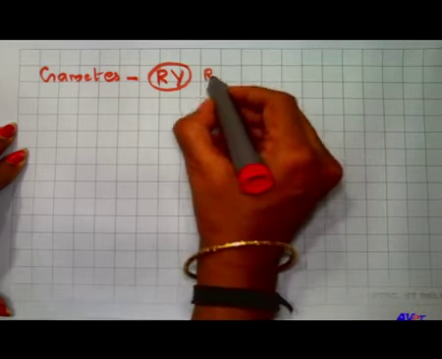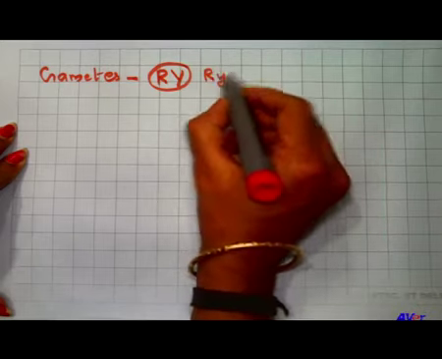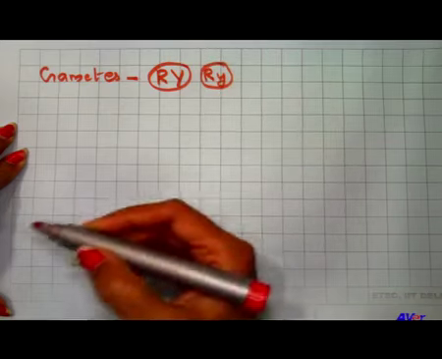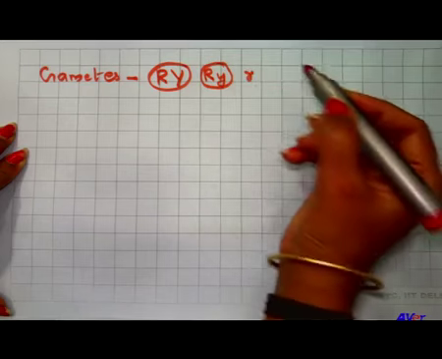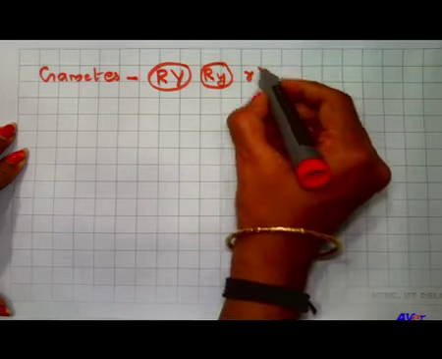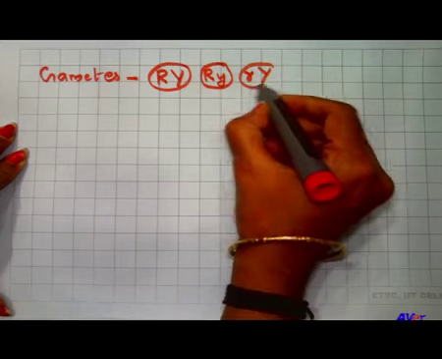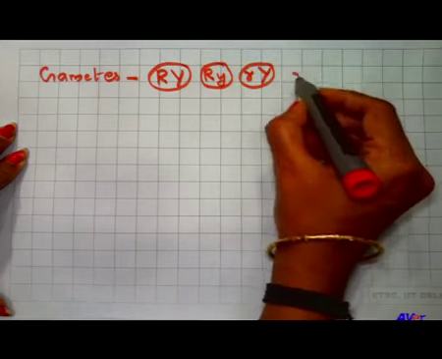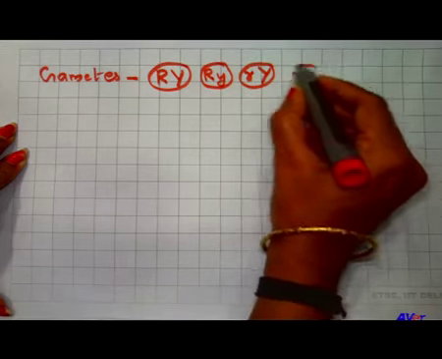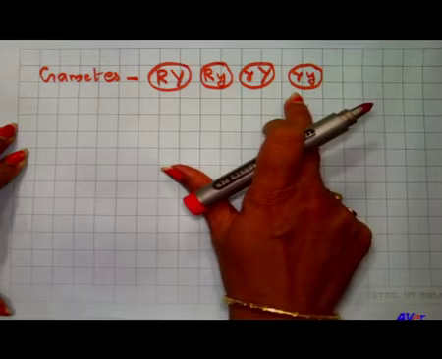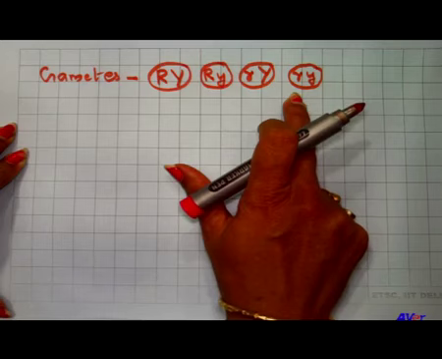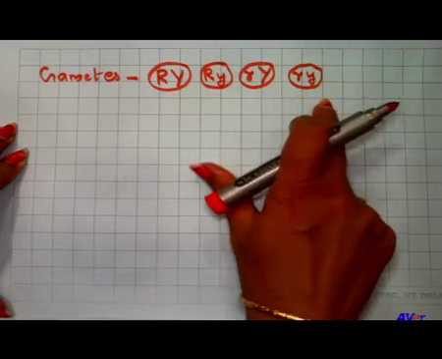Similarly, capital R can combine with small y. Then there is the next allele, small r. It can combine with capital Y, and small r can combine with small y. So, one dihybrid individual produces 4 different types of gametes.